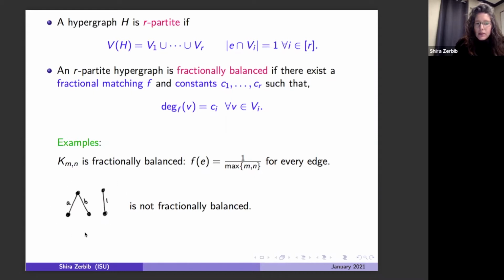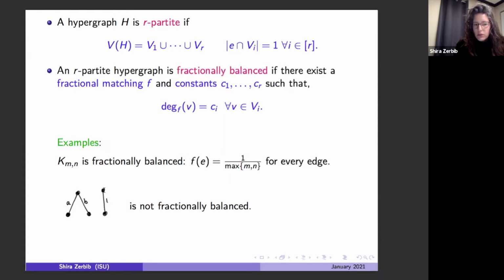Any questions so far? Okay, here is a negative example, a hypergraph that is not fractionally balanced. This hypergraph is still bipartite, but I claim that there is no fractional matching that is constant on every side. Why is that? We have to give some weight to this edge. Say I give it weight 1, it doesn't matter. And then I have to give some weight to these two edges, say a and b. Now I want a plus b to be 1 on this vertex because the degree of this vertex is 1, right?